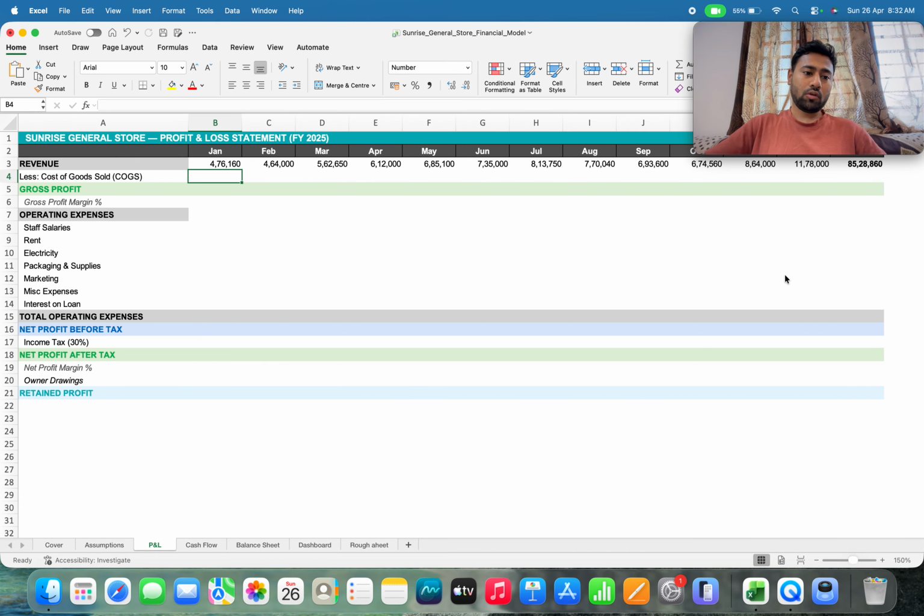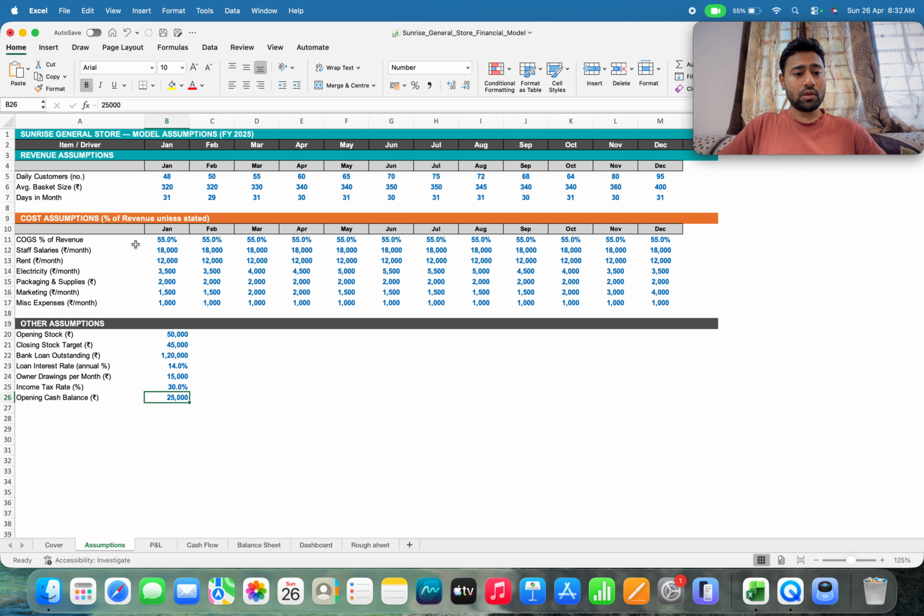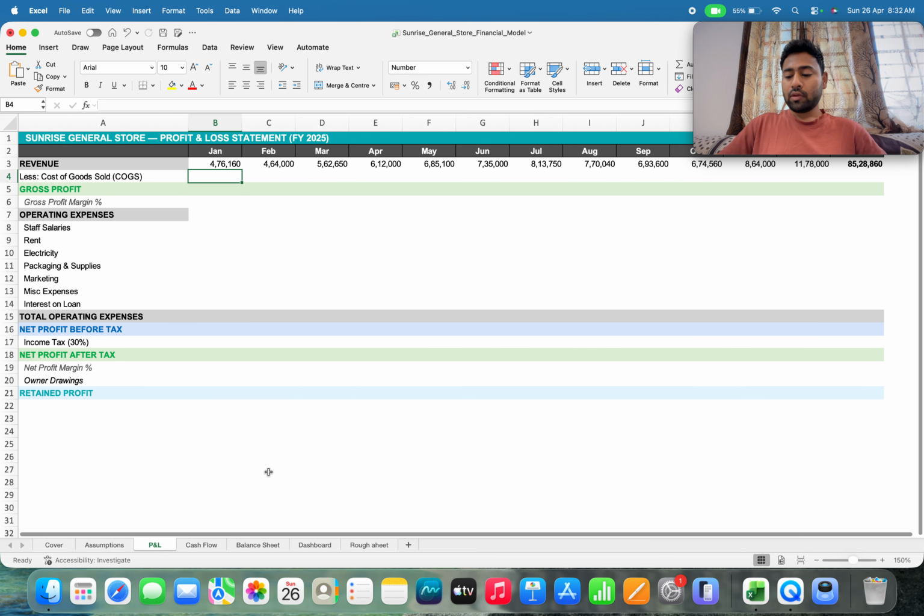Now coming to the cost of goods sold. Cost of goods sold will be calculated like we have a percentage in the assumption sheet. How much is the cost of goods sold? It is 55% of revenue.